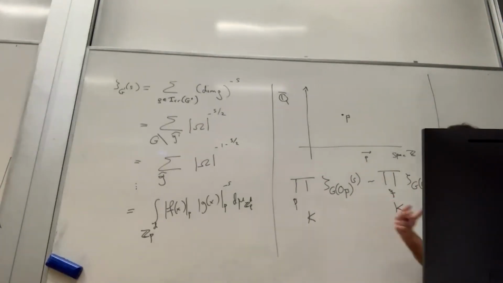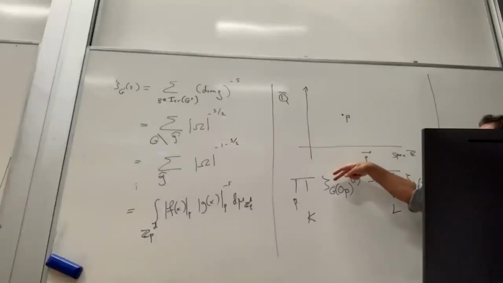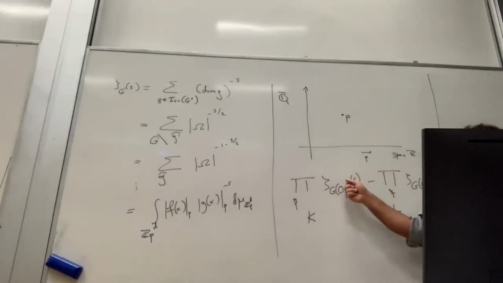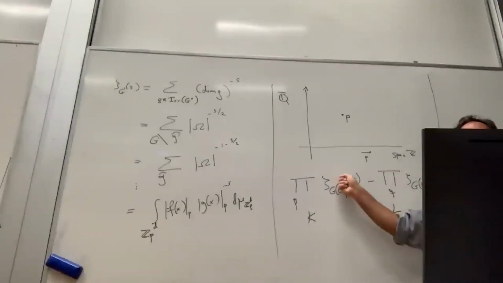So we want to compare these two types of zeta functions. What we need to do is somehow control primes on one side and primes on the other side, and we need to show that if something is dominant here, the same contribution is dominant on the other side.